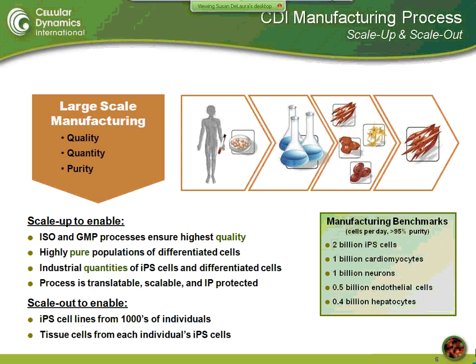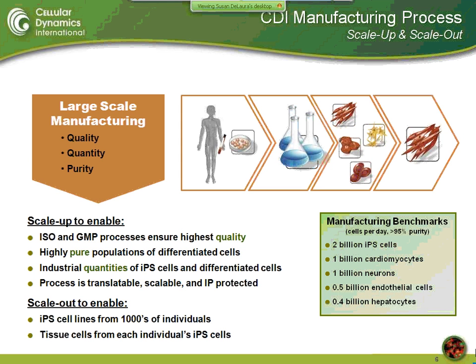So we're very careful about getting high quality and highly pure populations, and we do this with some of our cell types by using a proprietary method of genetic engineering to introduce purification methodology. This is a process that's not only able to be scaled up, but it can also be scaled out.